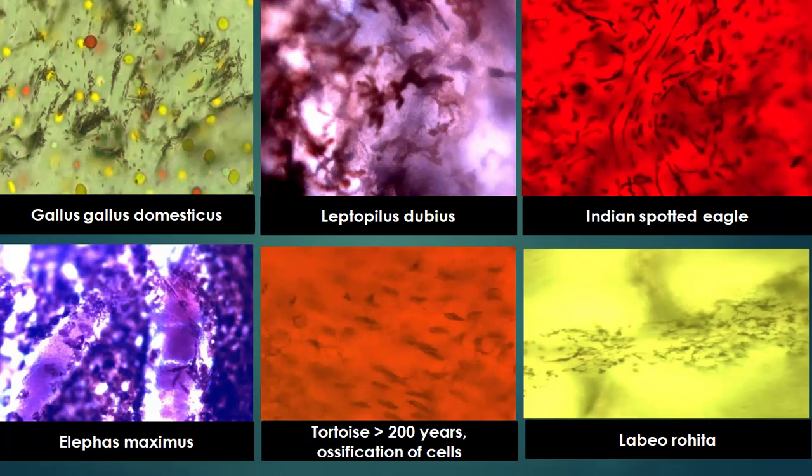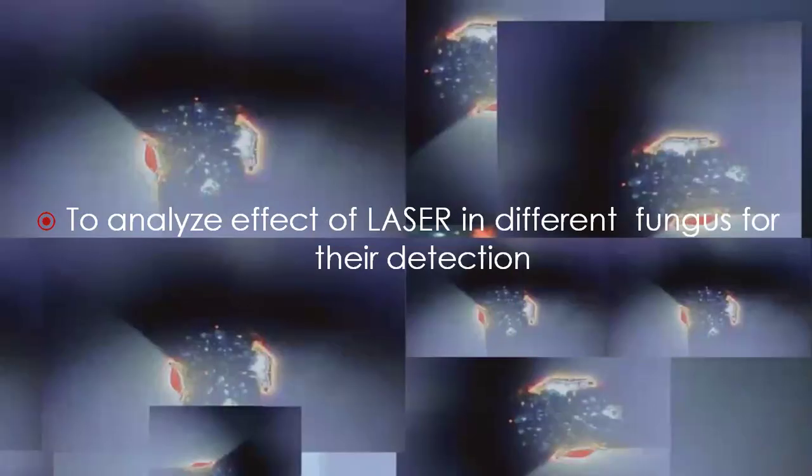For example, the elephant uveal cells, how we live. This is an old tortoise with ossification of the uveal cell, and this is Labeo rohita, which we call rohu fish in India, and this has different uveal cells. So this is pattern recognition from the animal world: reptiles, fish, high-flying birds.